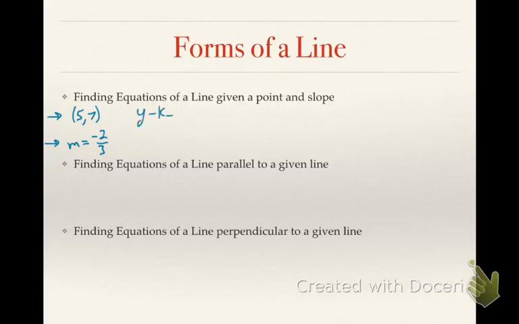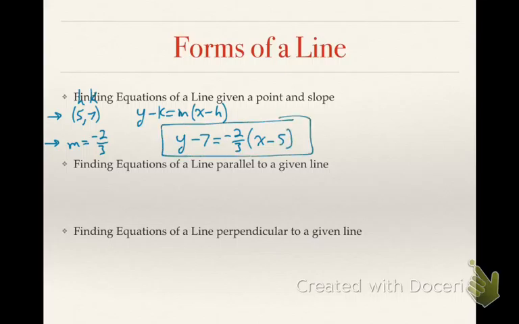Recall, this is the point-slope form. My h and my k are the x and y values of my point, and my slope is my m value. So the equation in this case is y minus 7 equals -2/3 times x minus 5. That's how you find the equation given a point and a slope: use the point-slope form.